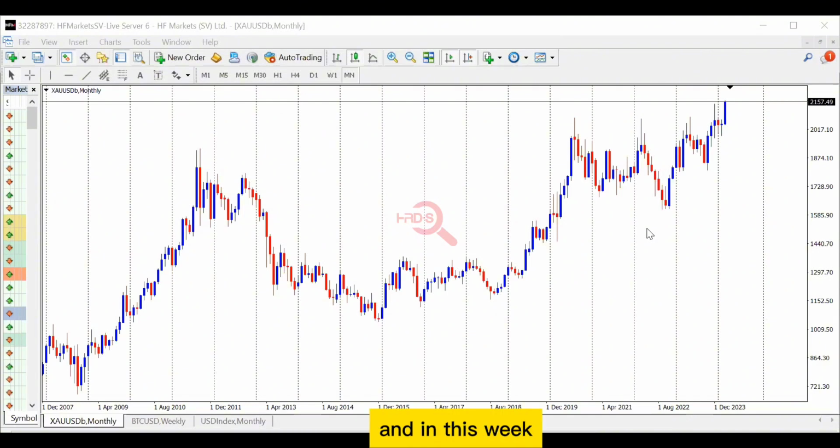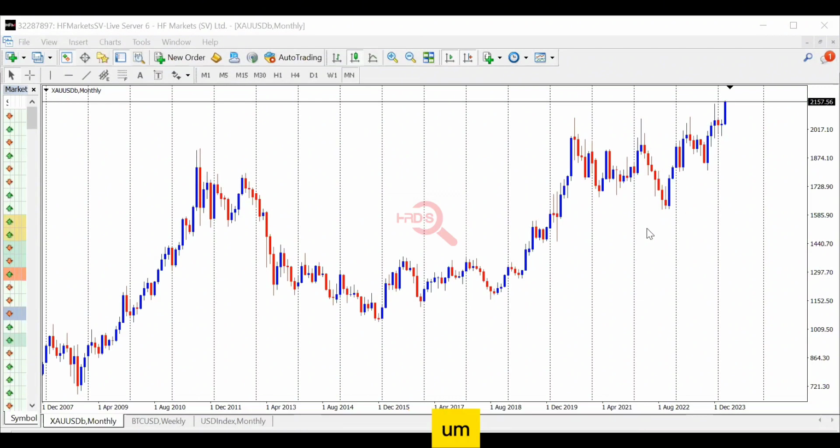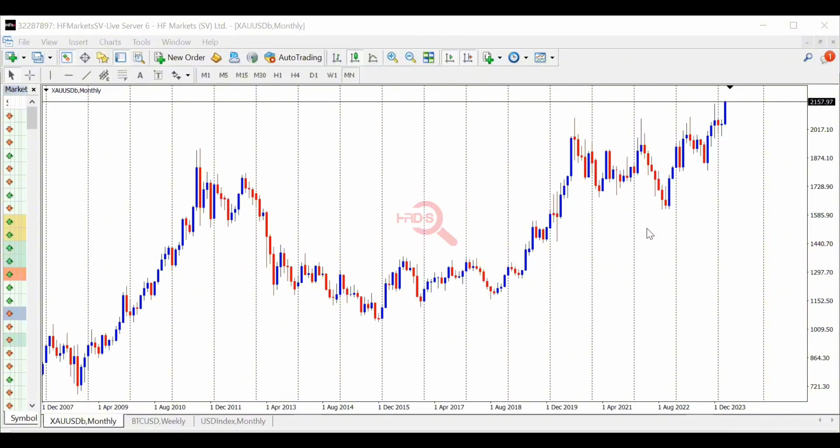And in this week, we want to look at a very important topic, which is how you can analyze any pair of your choice from monthly time frame all the way down to lower time frame where you make your entries.